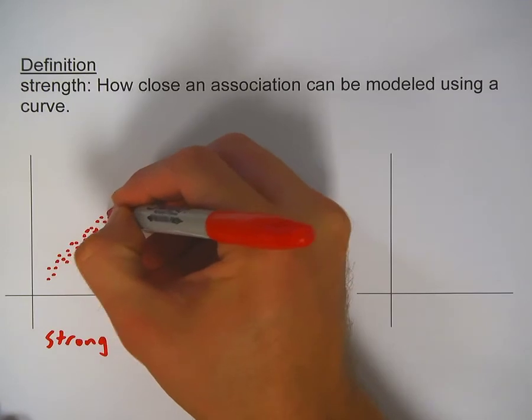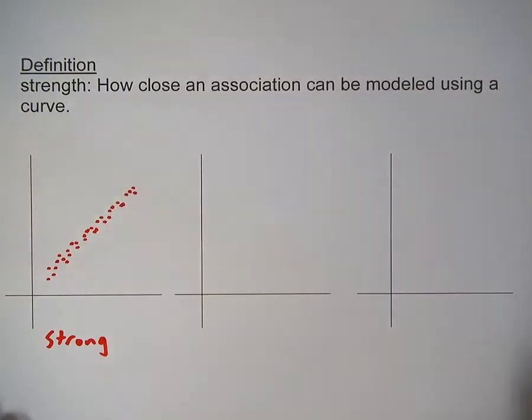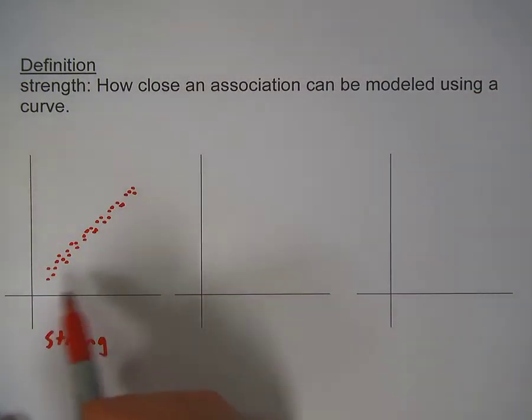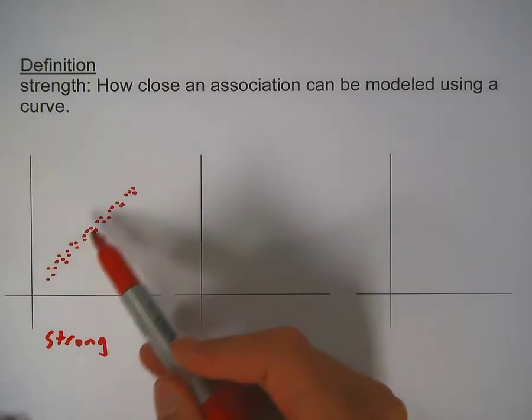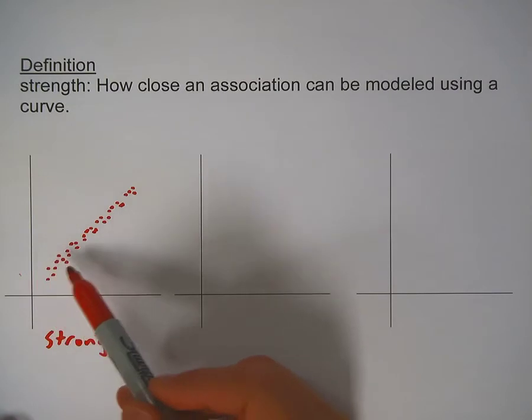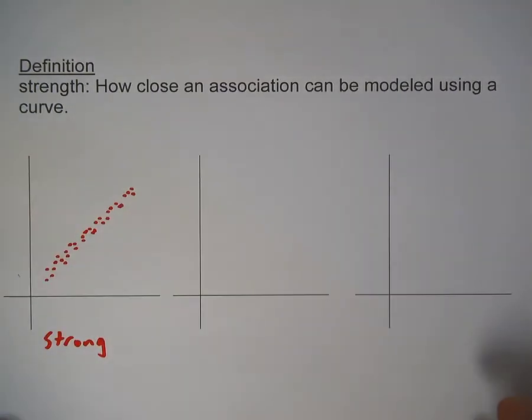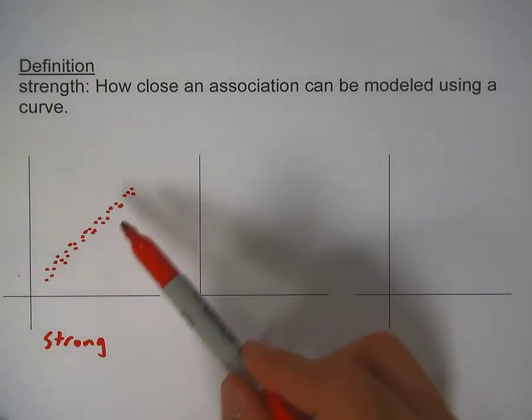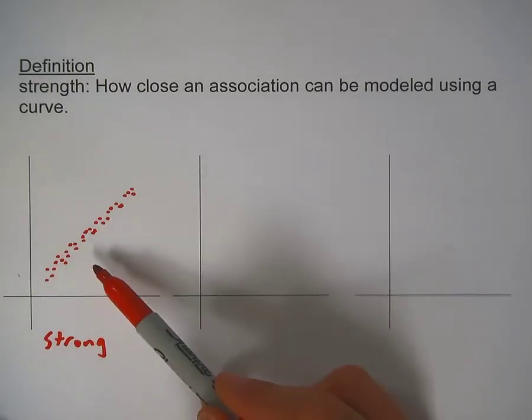A strong association is one where your dots are really clustered around some line. We could also have some sort of curve. If they were really clustered around a curve, we would also say that has a strong association. This is also a positive association, so we would say this here is strong positive.